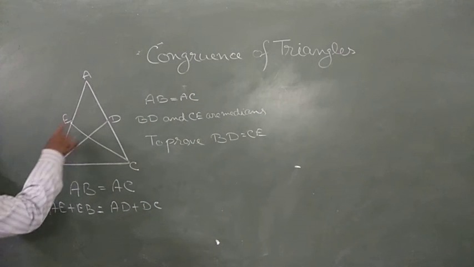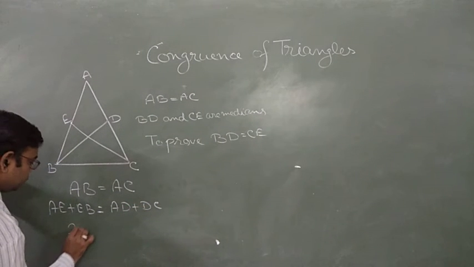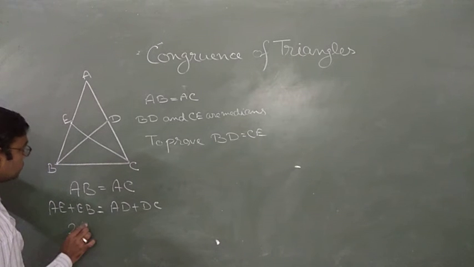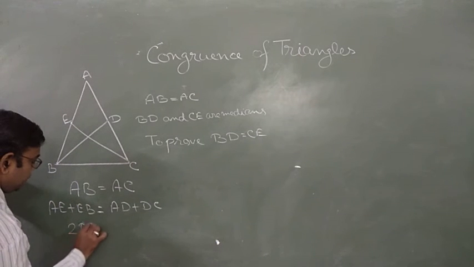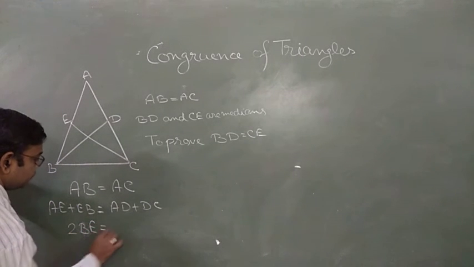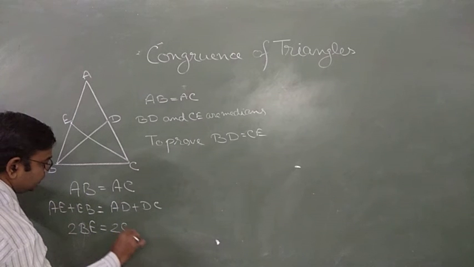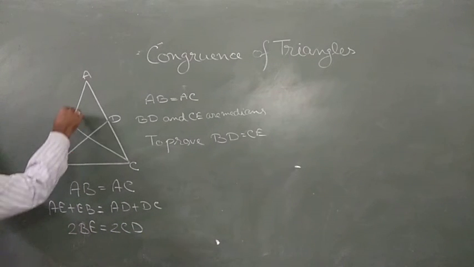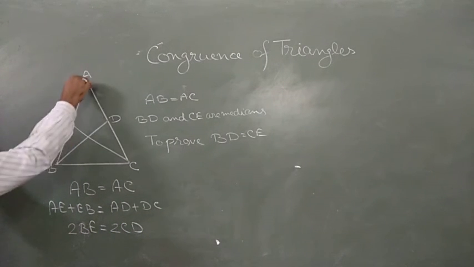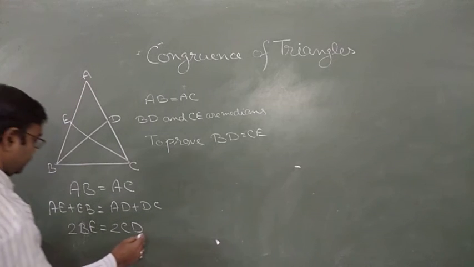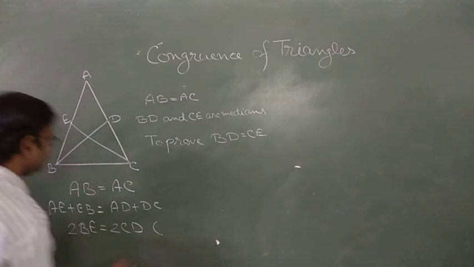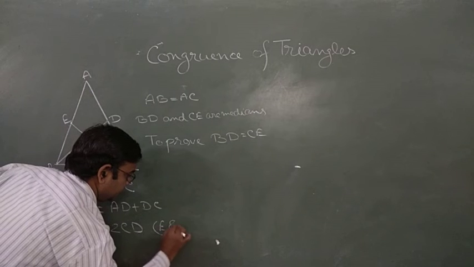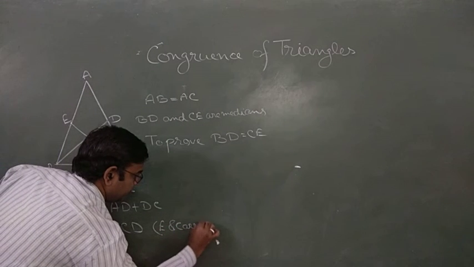Since these two are midpoints, we can write 2BE equals 2CD. If these two are equal to each other, then BE equals AE, because E and C are midpoints.